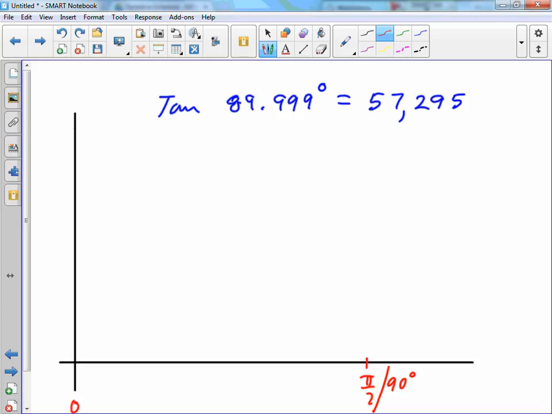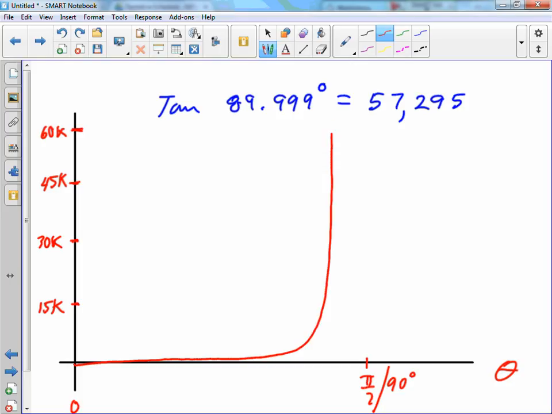And you just saw, we need 60K, we need 30K, we need 15,000 and 45,000. And if you do this, and you have your theta here, this thing is going to start out really, really low. And then right at the end, it's really going to pick up steam. And it's going to do this.